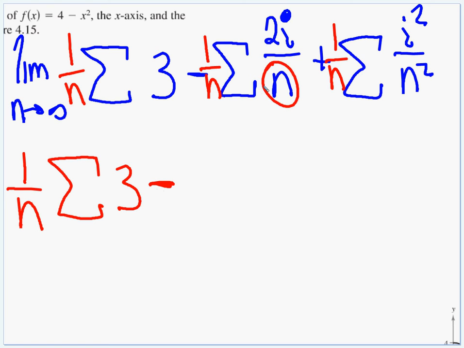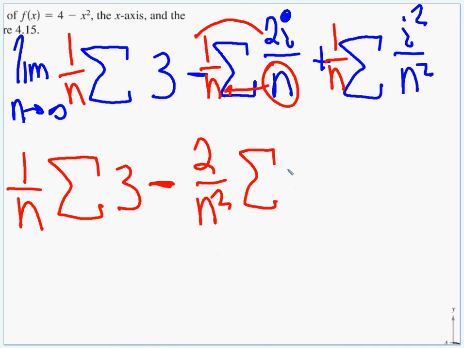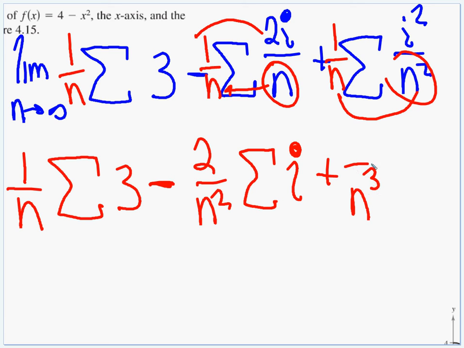Here we can pull this n out front, so that denominator is now an n squared, and we can also bring the 2 out, so the 2 is in the numerator, and that just leaves this as a summation of I. We have a formula for that. Plus our last summation, we have an n squared that's going to get pulled out. So now that's an n cubed in the denominator with just a 1 above it. And we have a summation of I squared. And we have a formula for that.